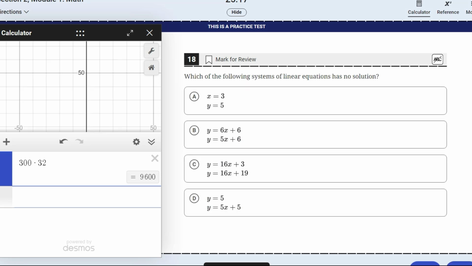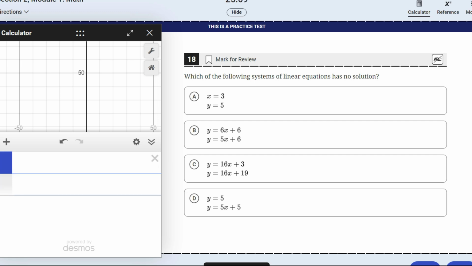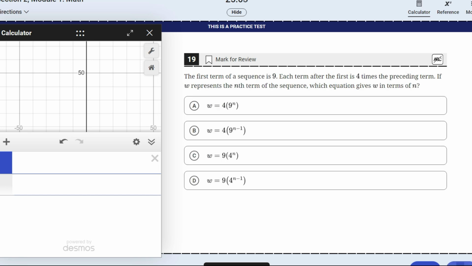All right, system of linear equations, no solution. Well, for no solutions, the lines must be parallel, and that means that the slopes are equal. Answer C. The first term of the sequence is 9. Each term after that is 4 times the preceding term.